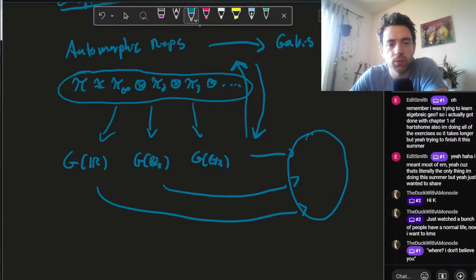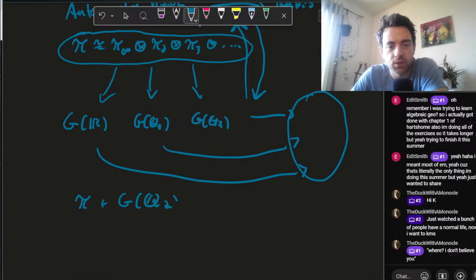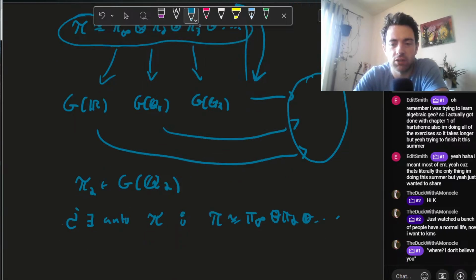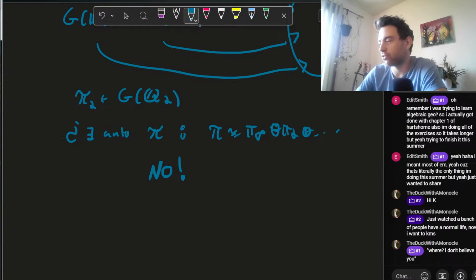Like, is it true that if you take any irreducible representation of this group down here, call it pi 2, does there exist an automorphic representation such that this shows up in the factor? And the answer is no. Definitely not.